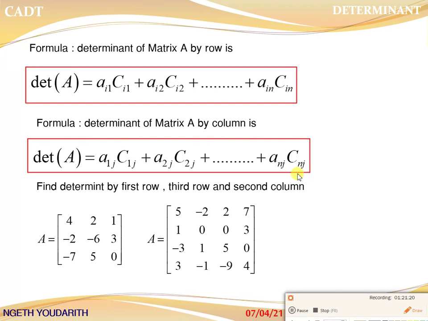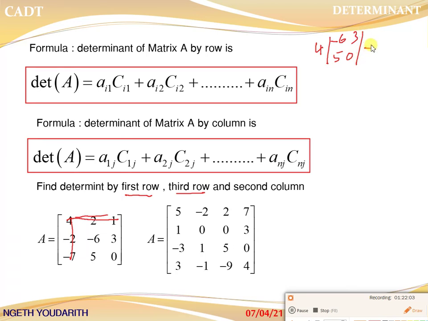So in this case, we can find the determinant by the first row or the third row. For example, I have this one. We find the determinant by the first row. Writing here 4, we omit 4's row and column, and we get minus 6, 3, 5, and 0.